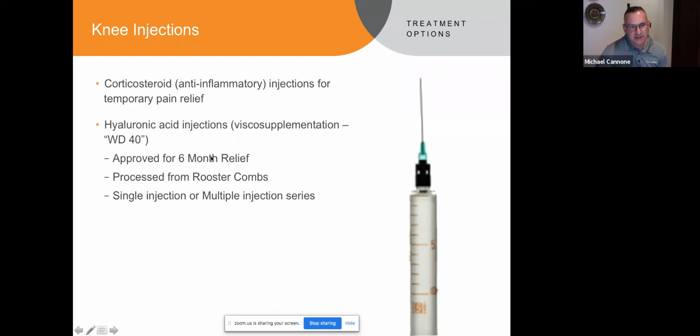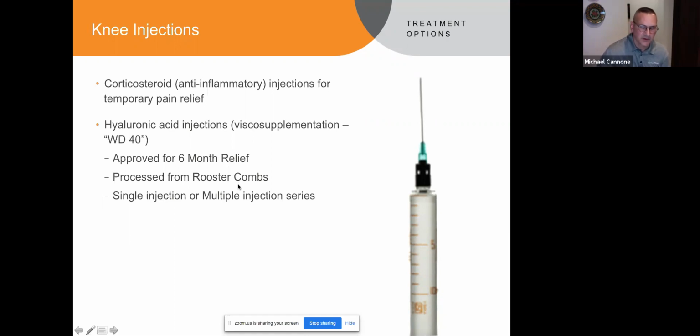Once again, the insurance companies kind of regulate which one you get based on whoever they've contracted with. There's some that are 1 injection formulations, and there's some that are 3 injection formulations. The original one, Synvisc, came from rooster combs, and it's still available. And it was a 3 injection formulation initially, and now it's a 1 injection formulation.